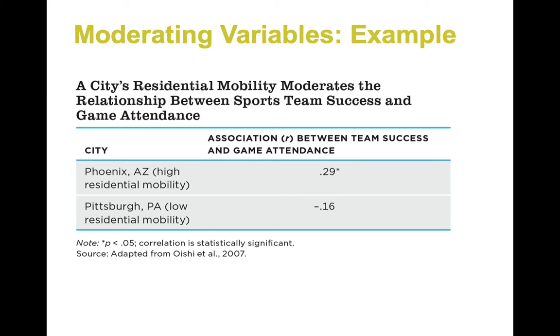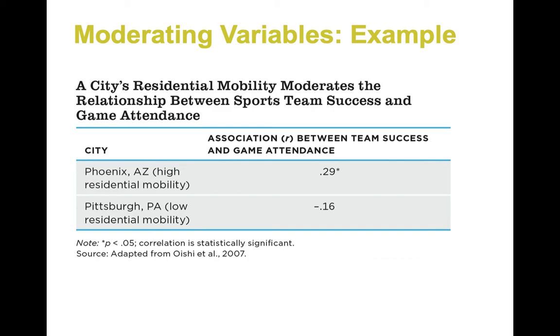In this study, they wanted to see if there was an association between the attendance at professional sports games and the success of the teams. And so they thought, yeah, the more successful the team, the greater the attendance. So they studied this with Major League Baseball seasons.